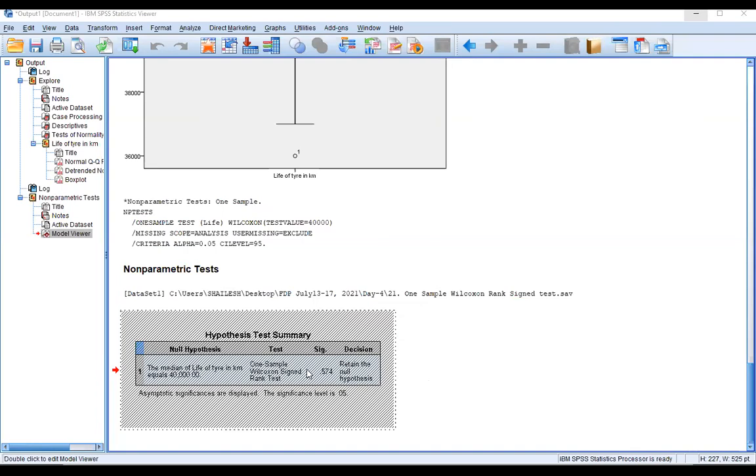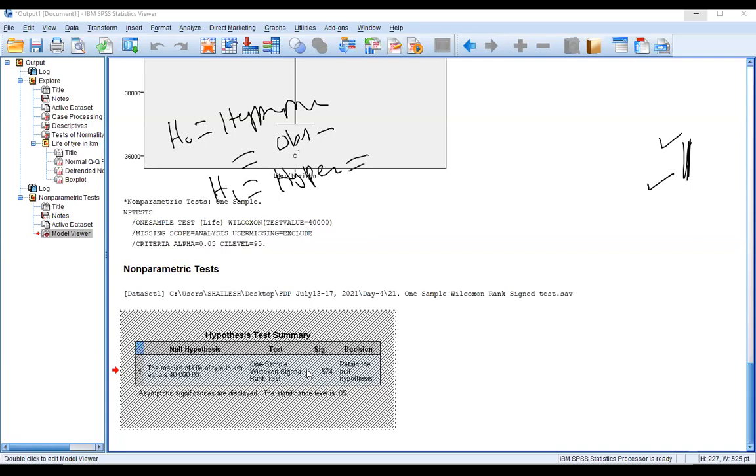Hypothesized median, we entered 40,000 and observed median 41,000. Whether this is significant or not, in a null hypothesis, we assume the hypothetical median is equal to the observed median. It means there is no significant difference. But the alternate hypothesis says no, the hypothesized median does not equal the observed median.